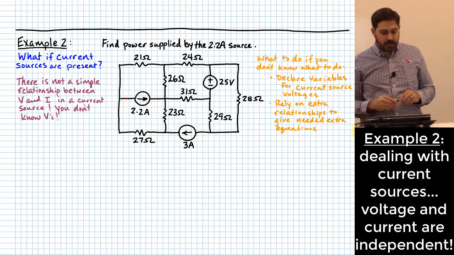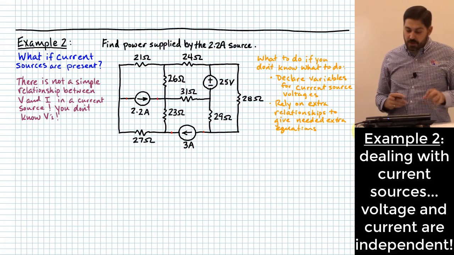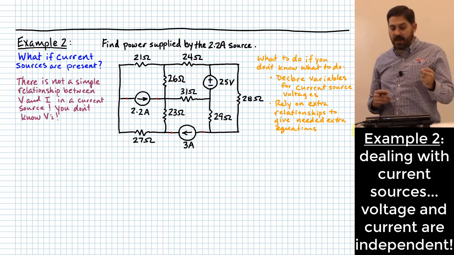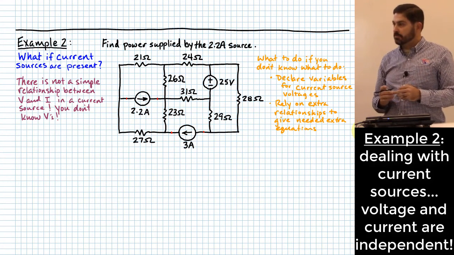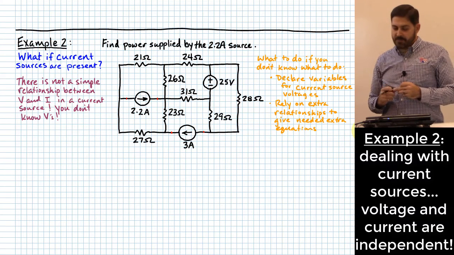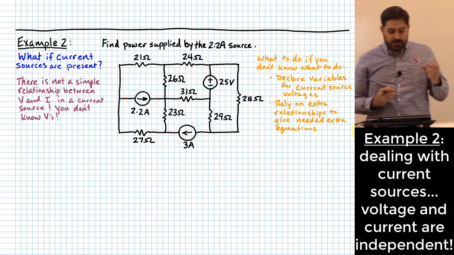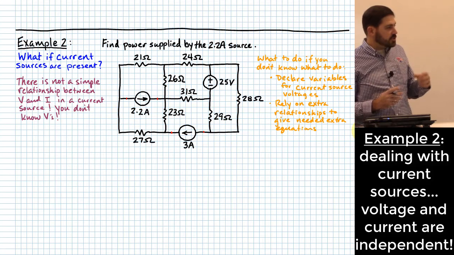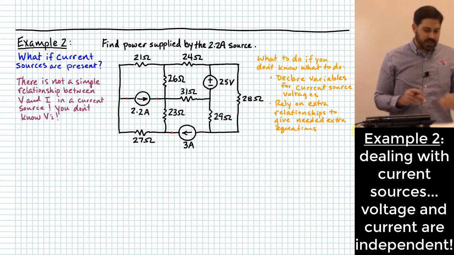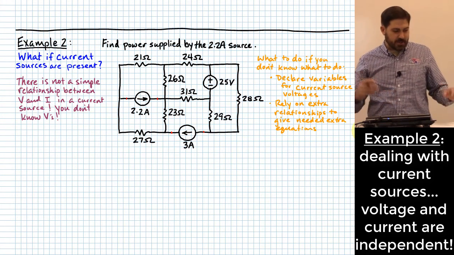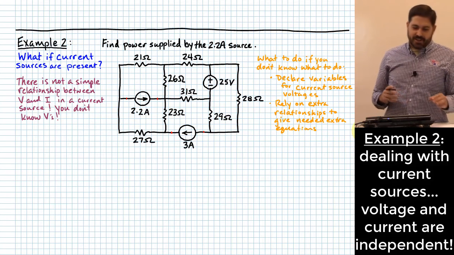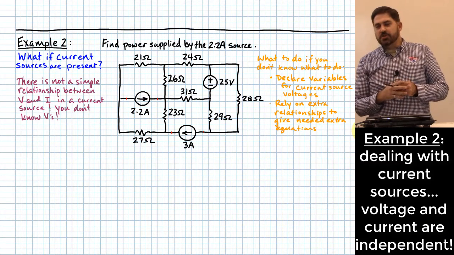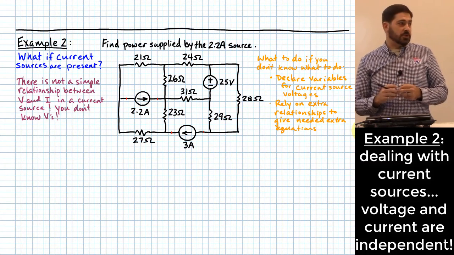By the way, what we're trying to find in this little example is the power that's supplied by the 2.2 amp source. All right? Now, I had a teacher when I was in high school, Mr. Godfrey. Mr. Godfrey would say, what do you do when you don't know what to do?